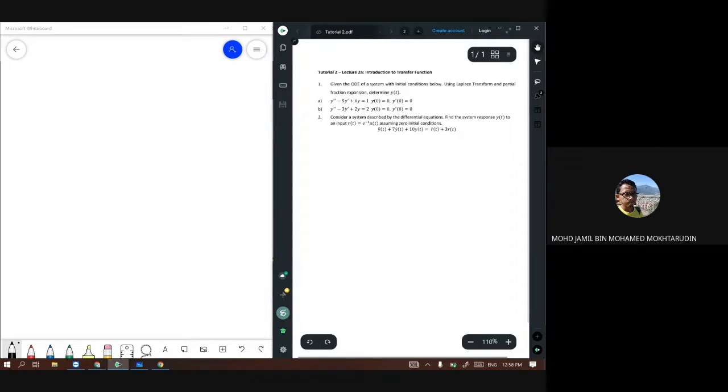Okay, so tutorial number 2 will be about lecture 2A, introduction to transfer function. Okay, question number 1. Given the ODE of a system with initial conditions below, using Laplace transform and partial fraction expansion, determine y(t). Okay, question A. Okay, kita tengok question A dulu.